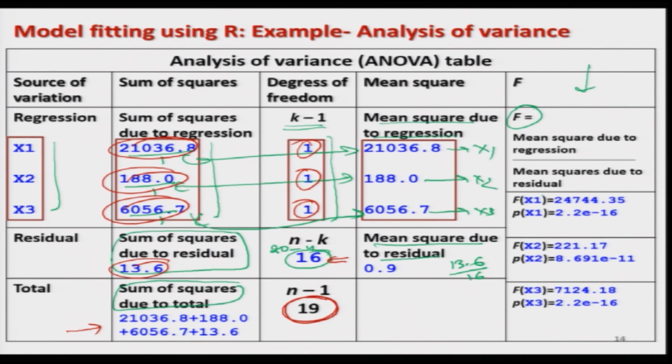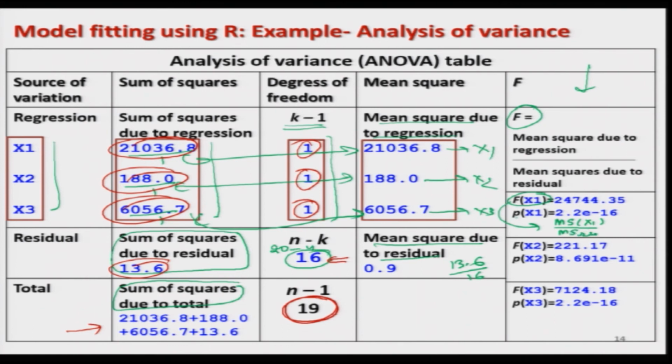So, this F of x1 indicates the F statistics corresponding to the sum of squares due to x1. This is obtained as the mean square due to x1 divided by the mean square due to residual, right.